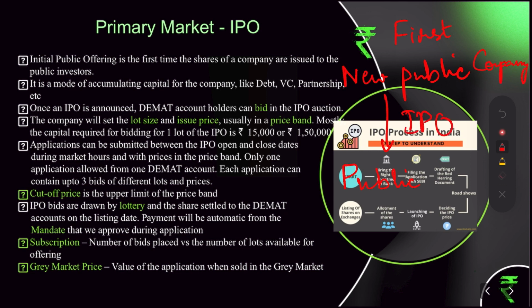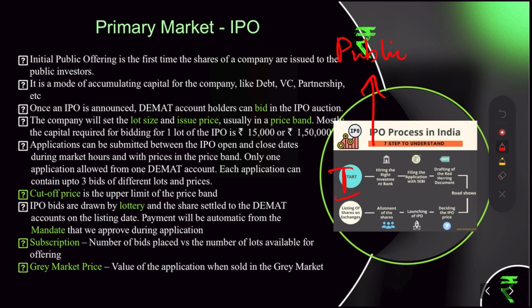So the first time a company is turning public and wants to issue its shares to the public, it will be through an IPO. It stands for initial public offering.